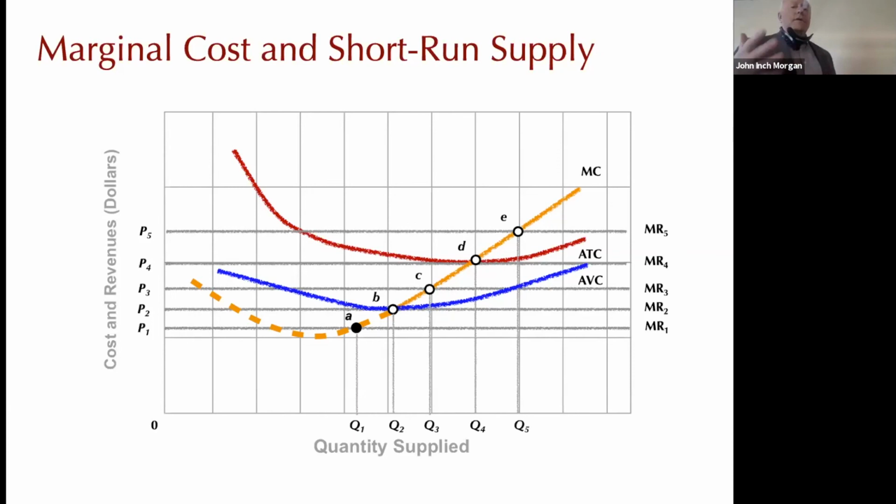So again, the marginal cost curve of each firm in a perfectly competitive market, when you add up all of those little firms, is equal to the industry supply curve. Does anybody have any questions on that? Anybody online?